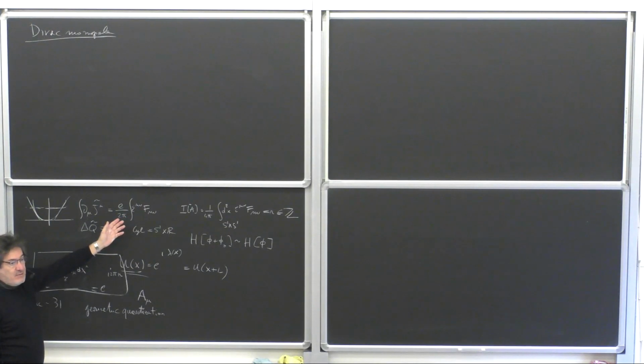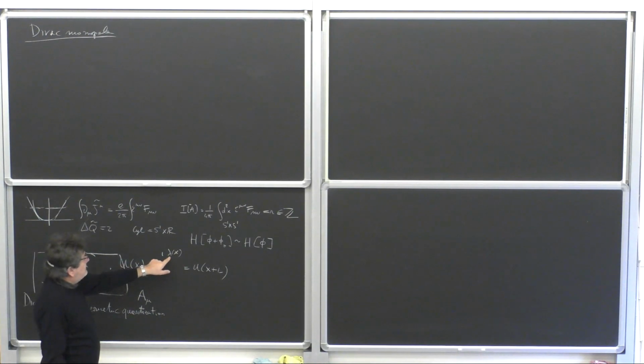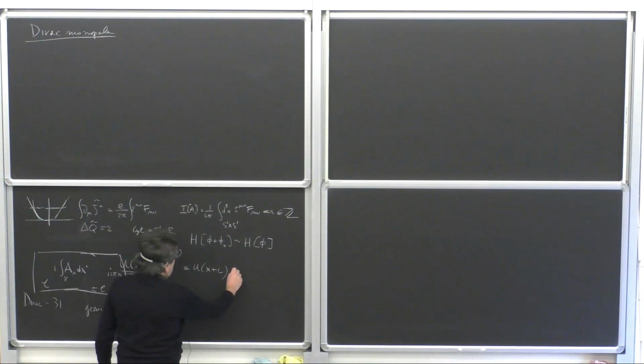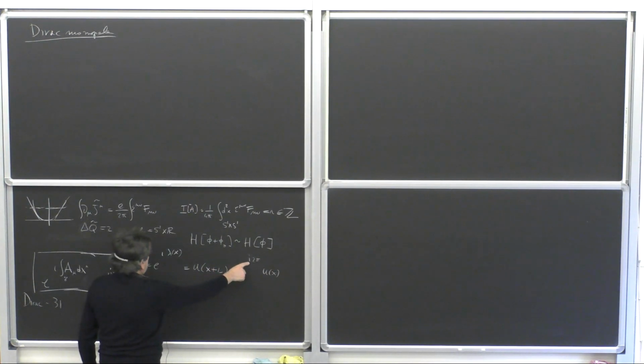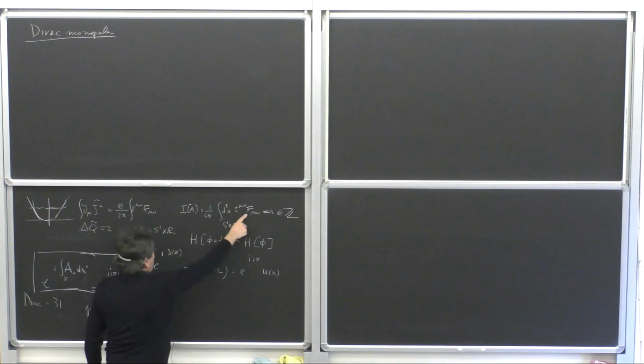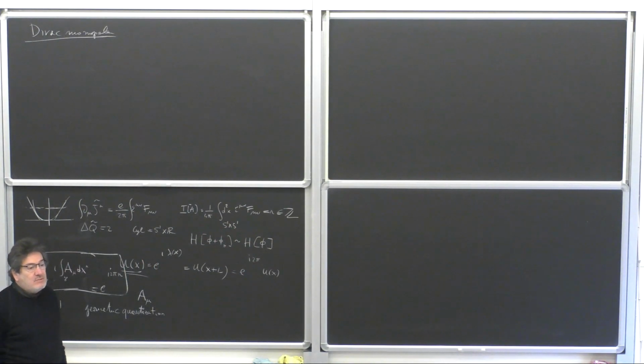The normalization of the gauge transformation is here. This non-trivial one should be e to the 2 pi. The minimal value should be 2 pi. So the gauge transformation of f is normalized by this. Everything is normalized. There is no ambiguity. There is no choice.